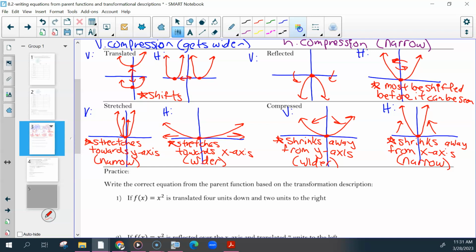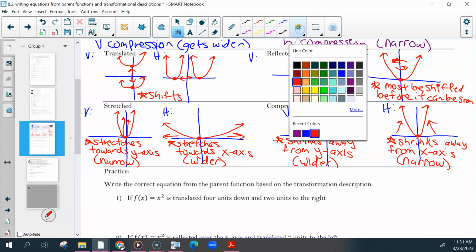So we're going to practice some problems where we're going to be given different transformation descriptions, and as we see those, we have to be thinking of these pictures in mind, like what happened to it, where did it go, what did it do, in order to write the transformations into an equation.